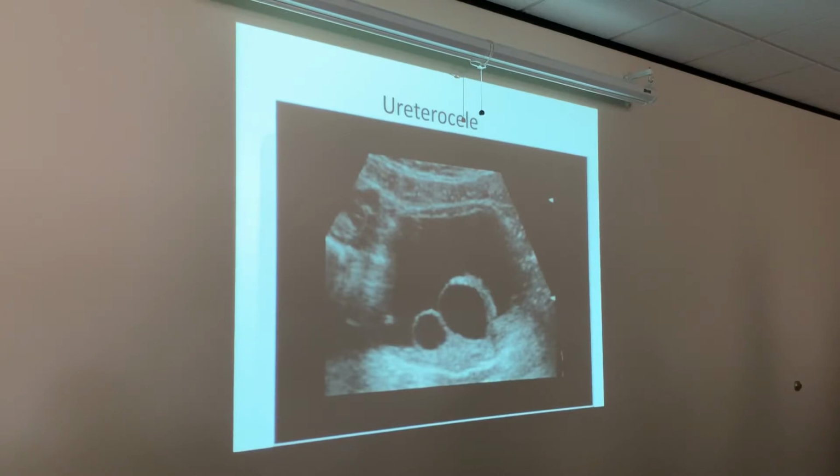What's the lining of the bladder called? The mucosa, okay? There's a deformity in the mucosa where urine gets into little sacs inside the bladder. And that's called a ureterocele.